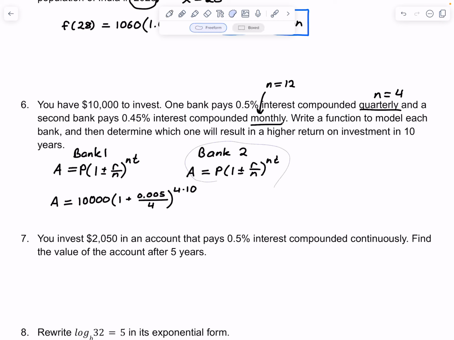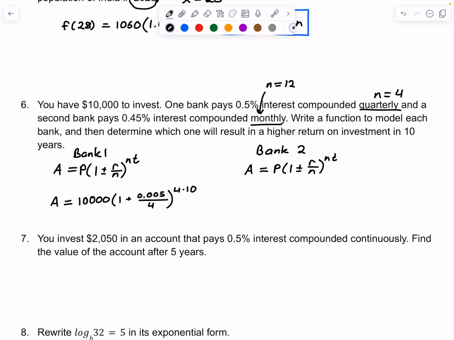Let me scoot this over so it's a little clearer. But bank 2 is going to be A equals, again, the principal is 10,000. It's still a plus. The rate is going to be 0.0045 over 12, and it's to the power of 12 times 10. And again, that's really all the math that I have to do from here. I'll just put it into a calculator.